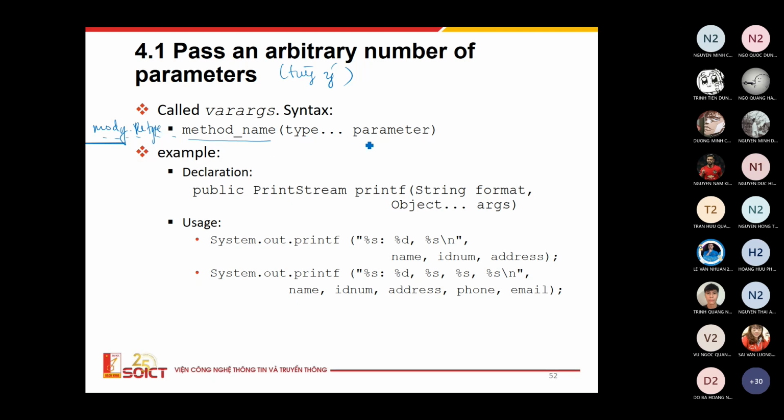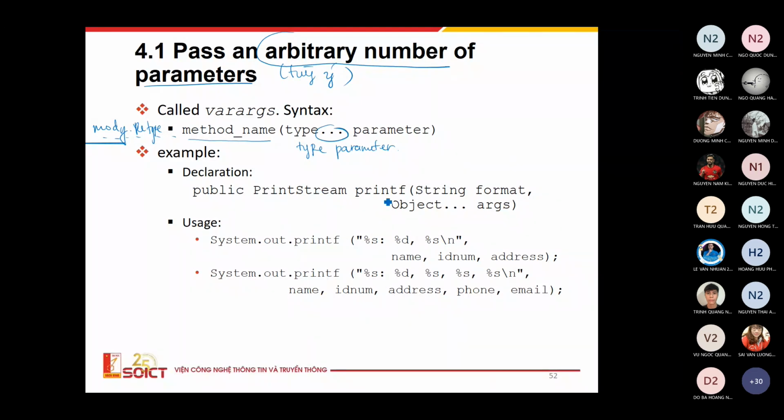Normally here you have the type of the parameter. But when you don't fix the number of input parameters and don't know in advance how many there will be, you will use an arbitrary number of parameters with this syntax.